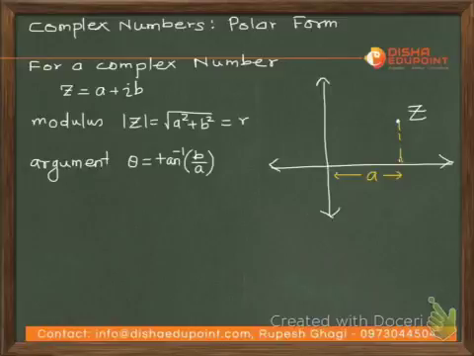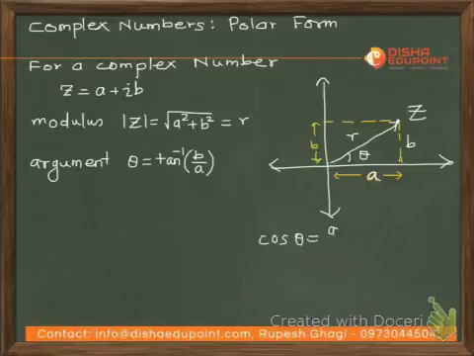Now on the Argand plane we can plot this number z. On the x-axis we take length a, which is the real part of the complex number, and on the y-axis we take b, which is the imaginary part. So now we have the location of z. The modulus of z is nothing but the length, which I have written as r, and the angle made by z with the positive direction of the x-axis is the argument theta.